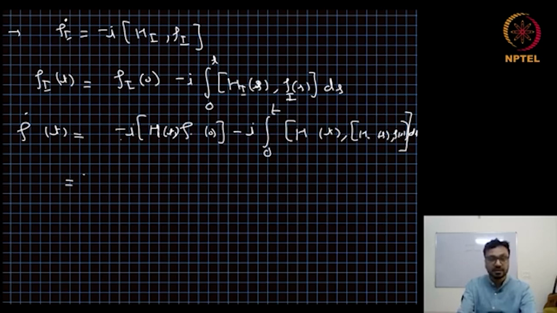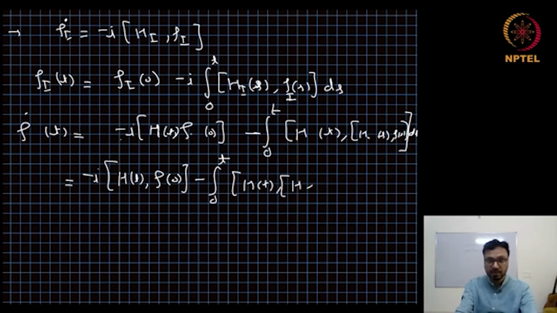Let me write it clearly here: minus i [H(t), ρ(0)], and there is a minus minus, so it is just a minus sign, integral from 0 to t of the commutator [H(t), [H(s), ρ(s)]] ds.